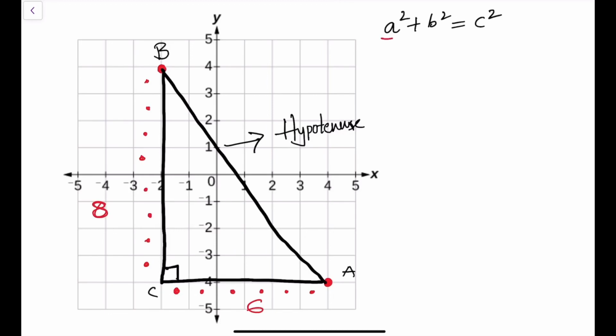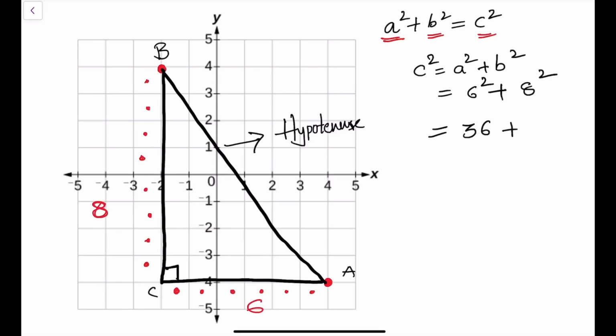So A will be taken as height, B will be taken as base, and C is the hypotenuse. So rewriting the equation, C square equals A square plus B square. A square is 6 square plus B square is 8 square. 6 square is 36 plus 8 square, that is 8 times 8 is 64. 36 plus 64 is 100.